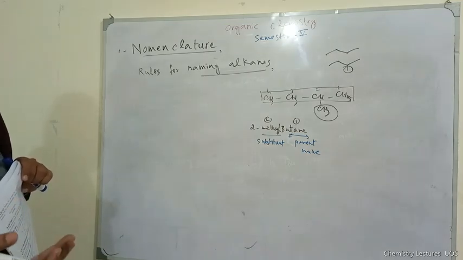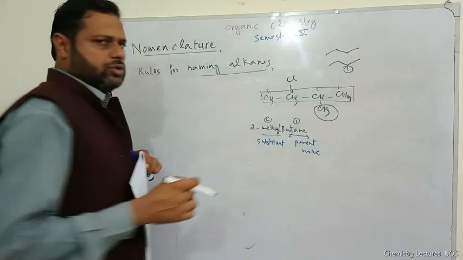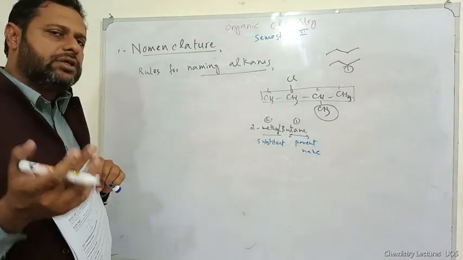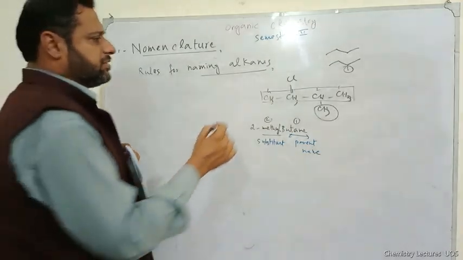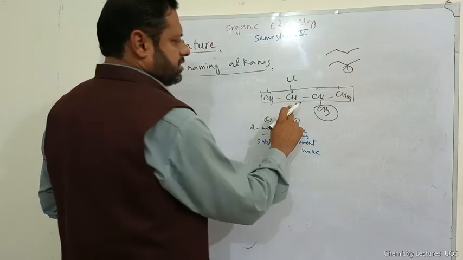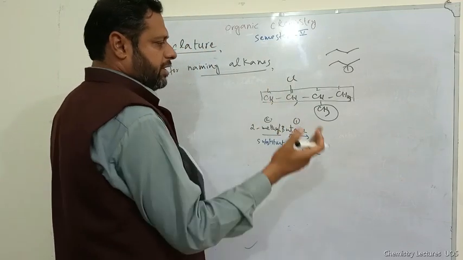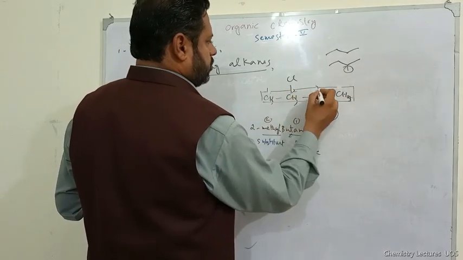If you have more than one substituent, for example, if you have a chloro compound like this one, you have to write the names of the two substituents alphabetically. For example, if you start writing from this side, because chloro is alphabetically first, then methyl, you have to start counting from this side, 1 2 3 4.